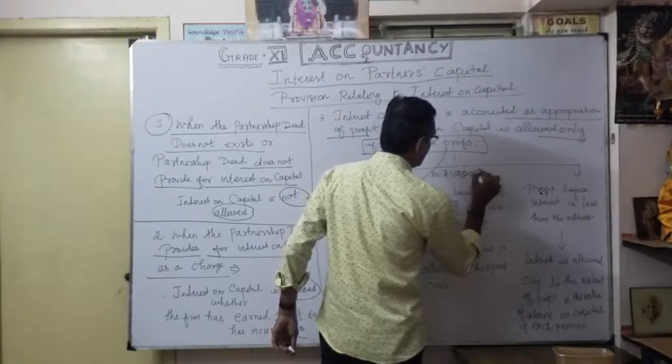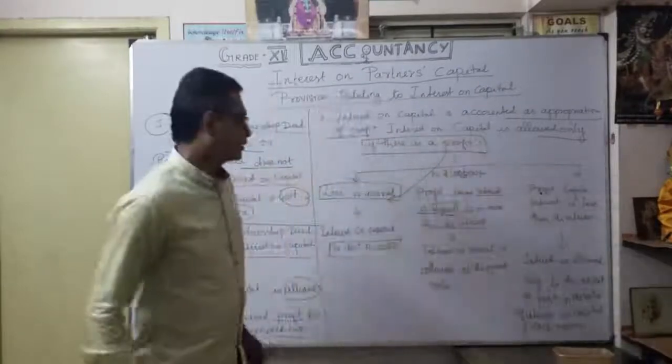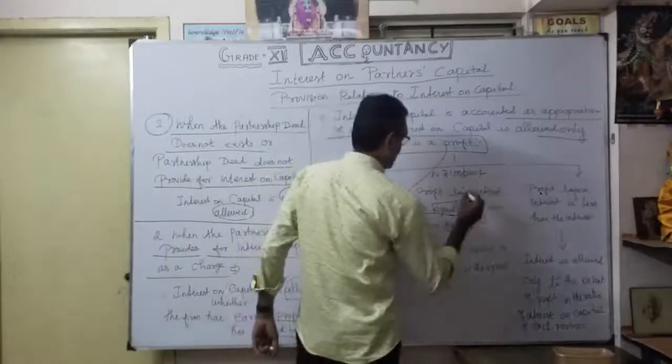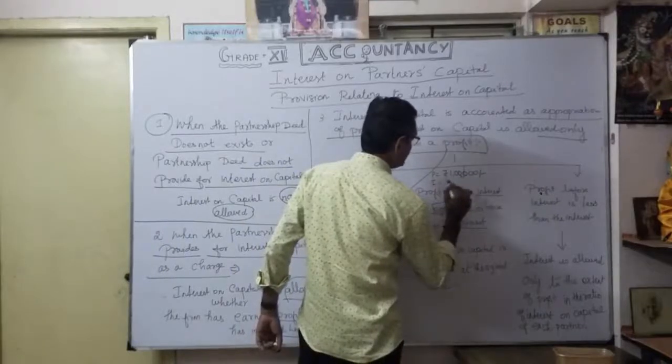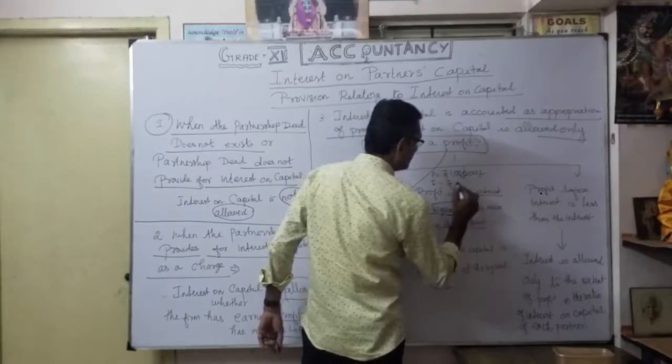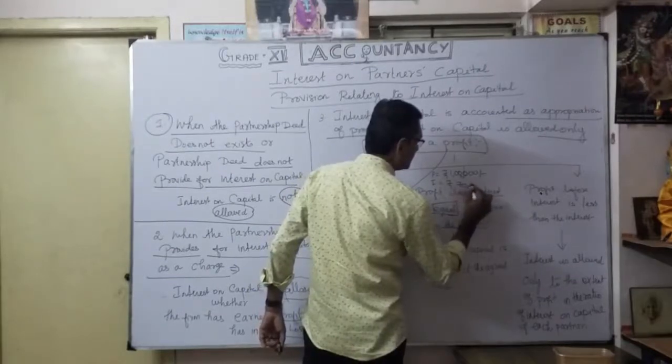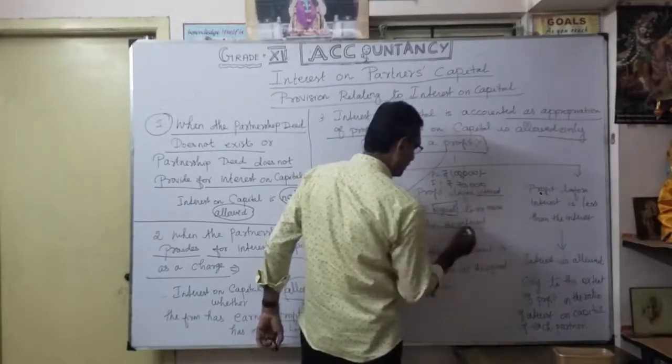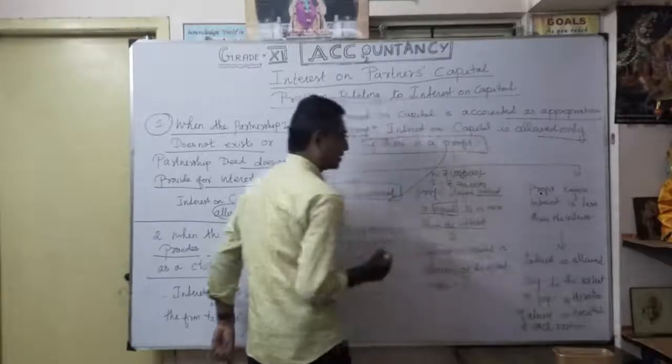Okay, 1 lakh. So that's profit before interest, 1 lakh. Interest may be equal to 1 lakh or less, maybe some 70,000. That's more than the interest.